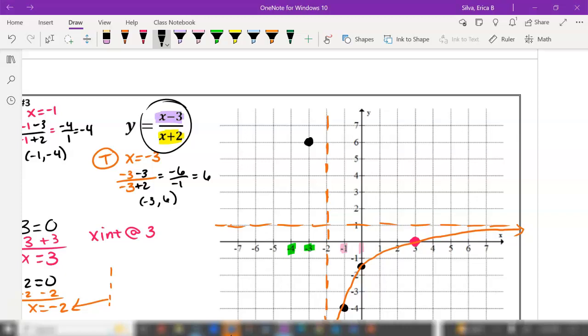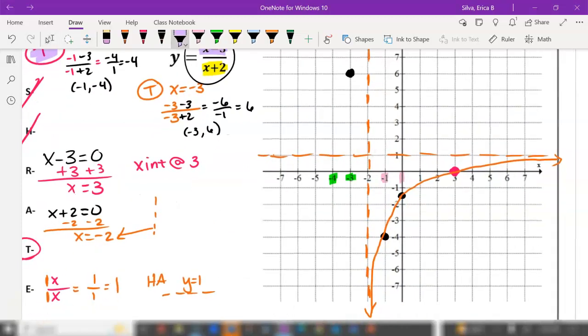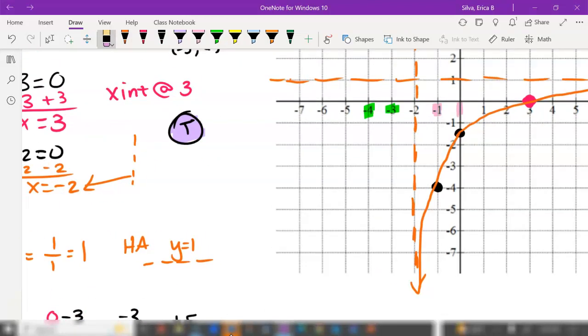Okay, let's do negative 4. I'll do another one here. x is equal to negative 4.